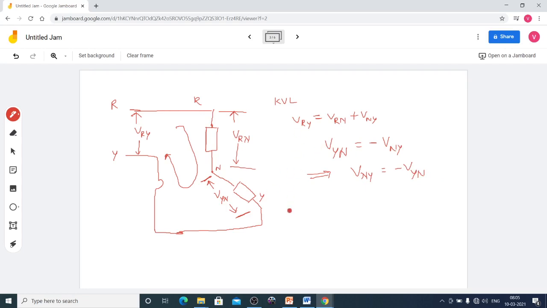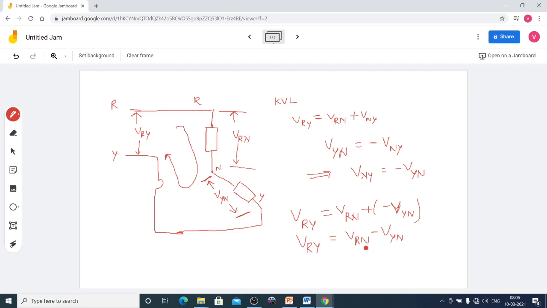So from the above equation, VRY is equal to VRN plus minus VYN, so we can write VRY equal to VRN, the phase voltage across Z in the R phase, minus VYN. This is the line quantity in the star connected load.